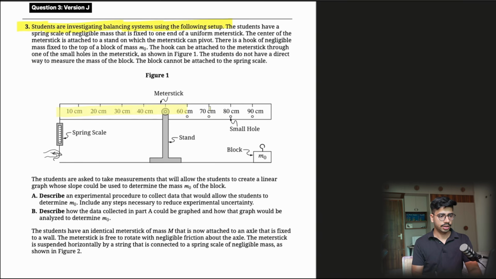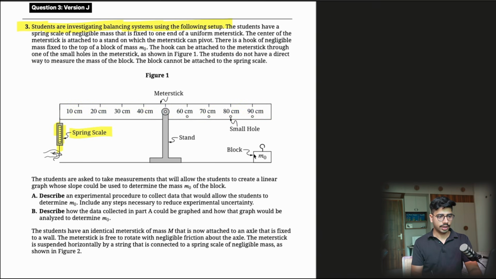So we have a meter stick. On one side, we have the spring scale, and on the other side you can see these holes, small holes that they have marked.